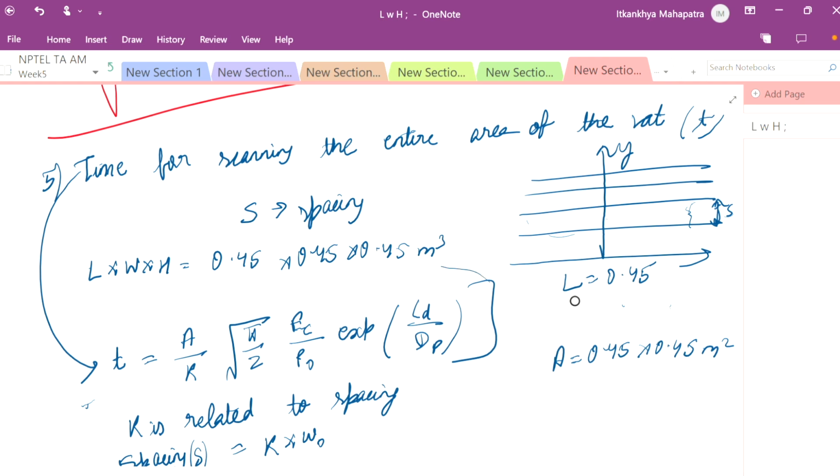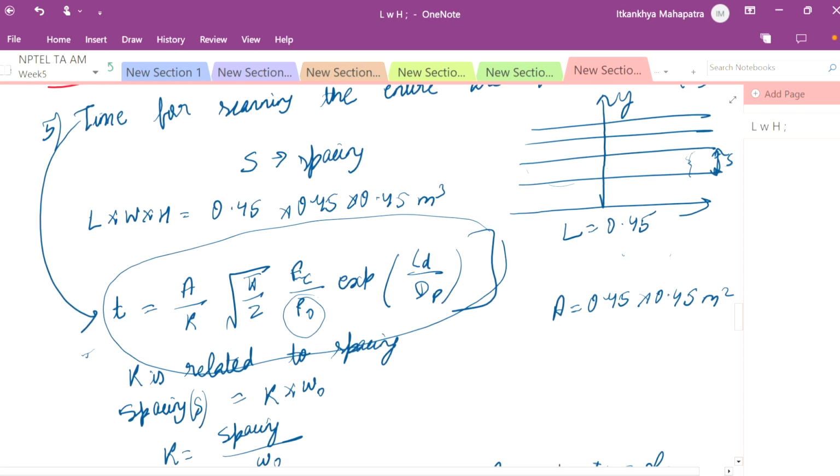So you know the formula for the time for scanning the entire area of the vat. Accordingly you put your EC, the critical exposure, CD equal to 2 into DP, P naught which is 500 milliwatt, and the area 0.45 into 0.45, and K. Now what is important is K. How to find out K? K is related to spacing. From the lectures, spacing S is equal to K into W naught.